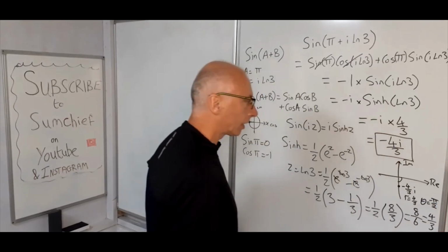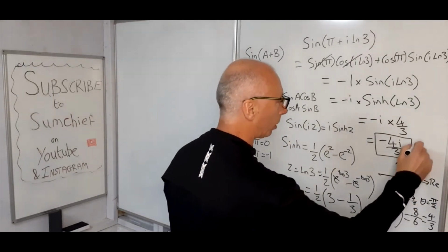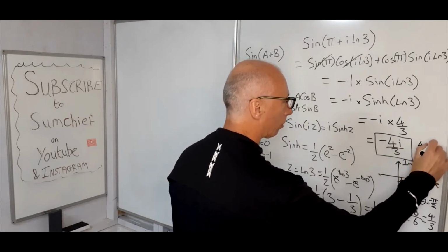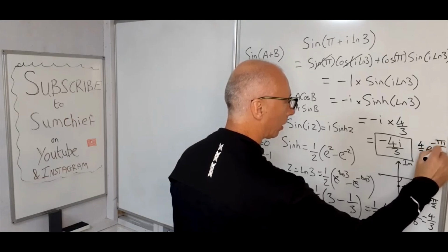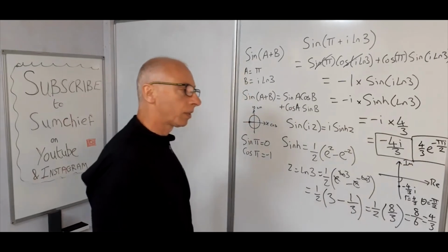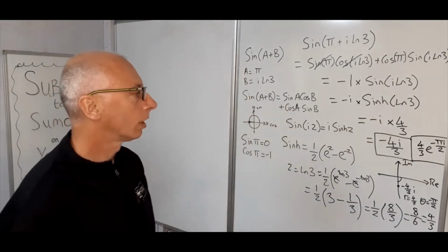So we could write that also in polar form as 4/3 e to the minus pi i over 2. That would also give us our same answer.